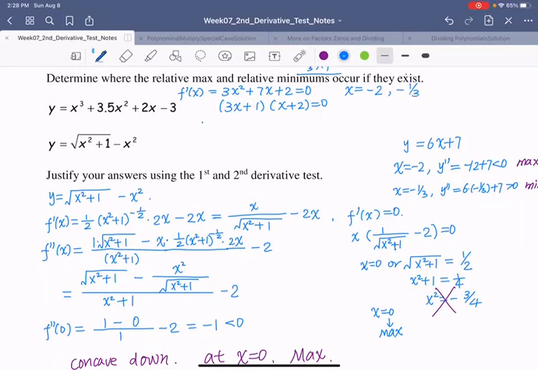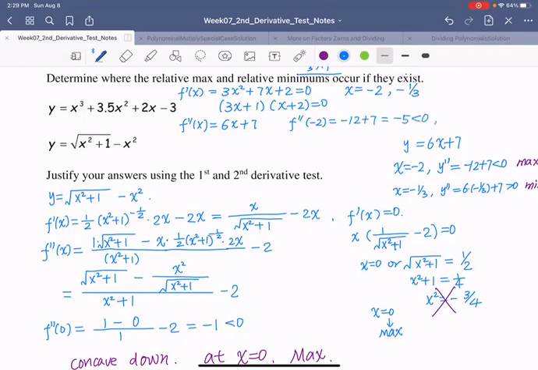What's the second derivative? 6x plus 7. Now let's put -2 in here to check. That's negative 12 plus 7, which is negative 5, less than 0.